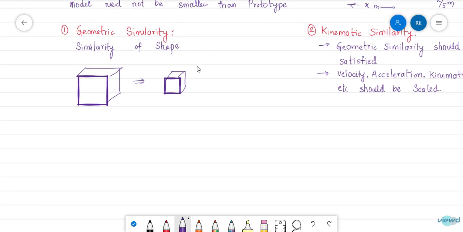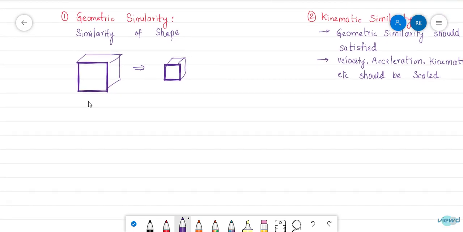So how to scale these? For example, this is the prototype and this is LP, the length, this is the depth of the prototype, DP, and this is the breadth of the prototype, BP, and for the model, LM, DM, and BM.